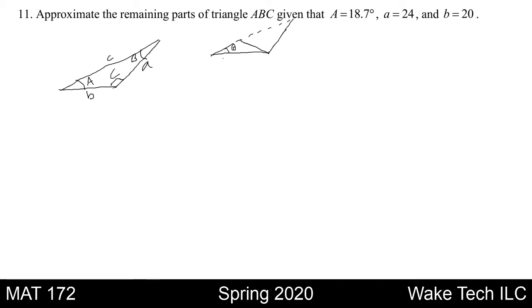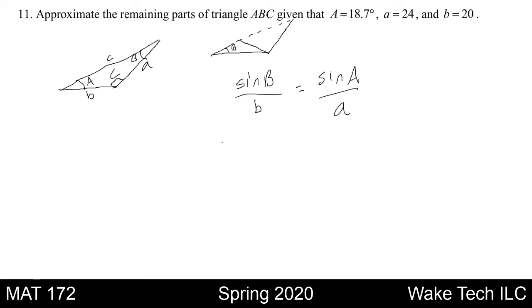I notice again that we have a side and an opposite angle, A and uppercase A, right? That means we can use law of sines. So I want to find, for instance, capital B, our next angle. So that means sine of B over lowercase b is equal to sine of A over lowercase a. And we can fill in some blanks here.